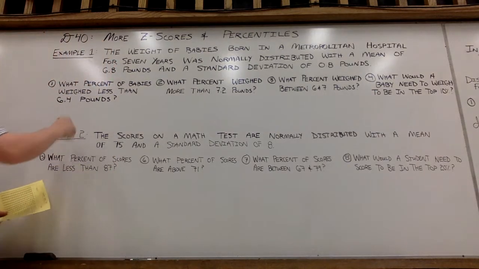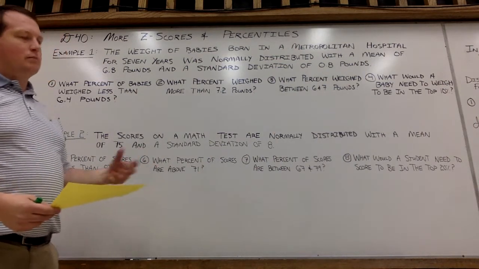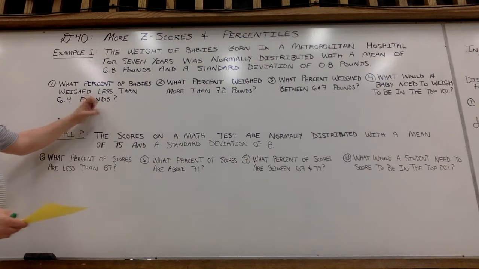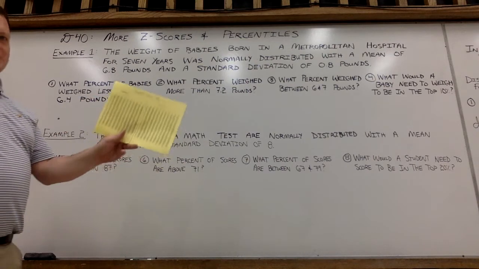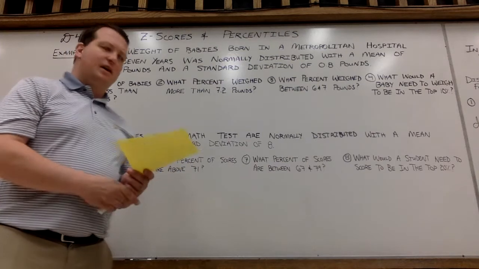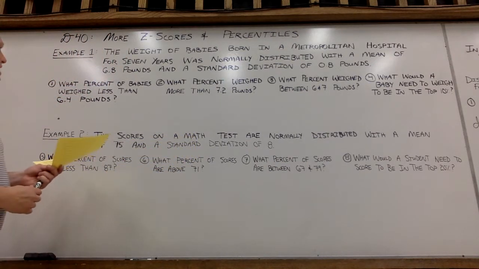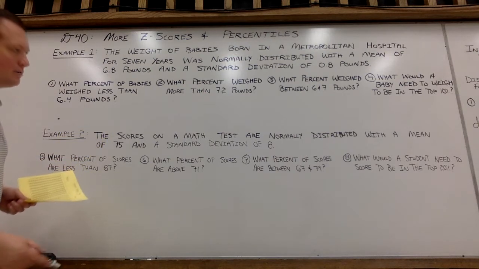So I'm going to use my knowledge of z-scores, how to find the z-score, and apply that with my standard normal table as we used in daily 39 to help me find, in example 1, what percent of babies weighed less than 6.4 pounds.